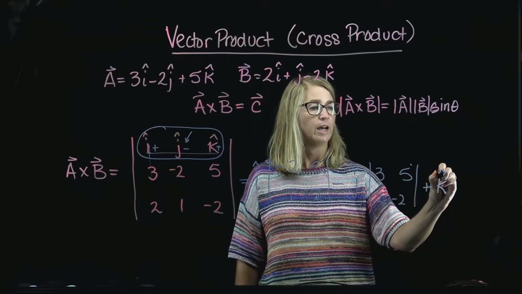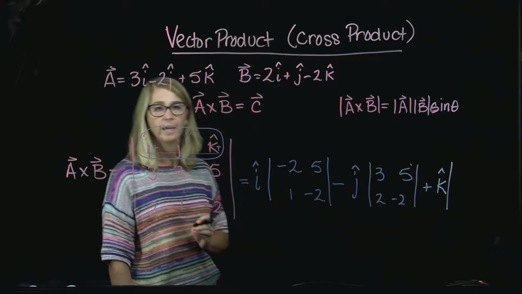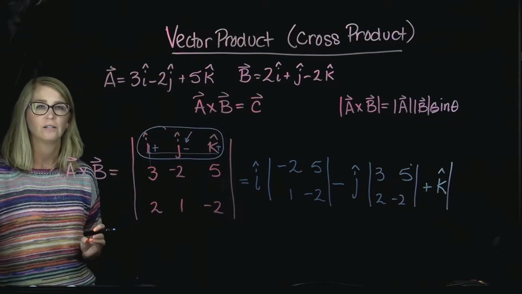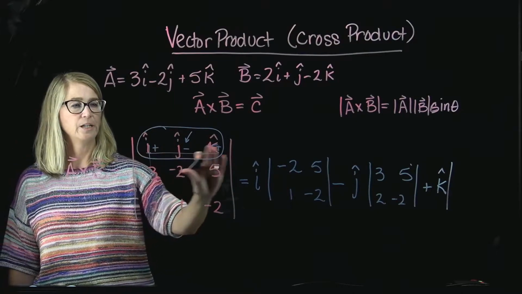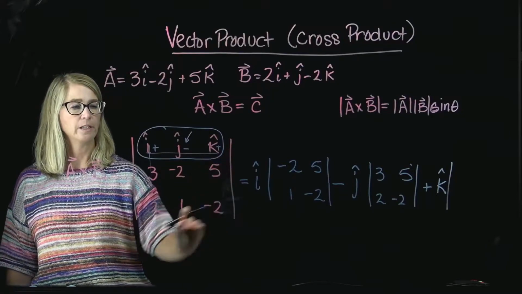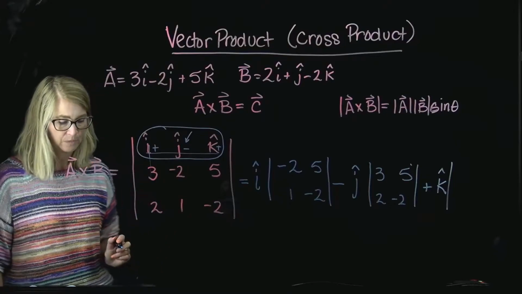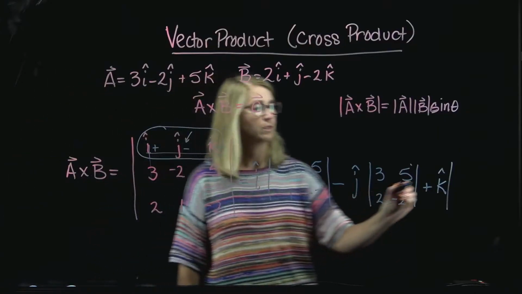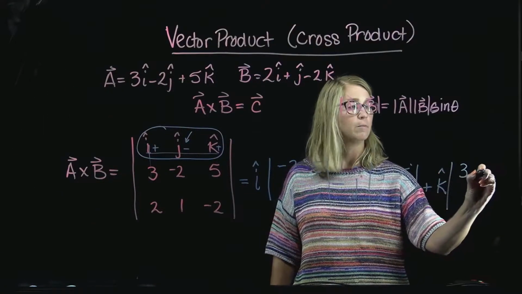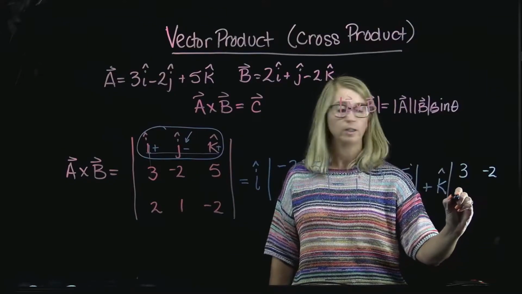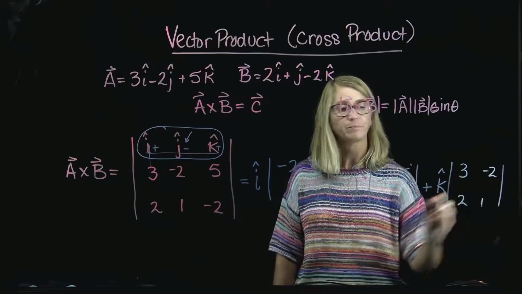And finally we have the K, and for that 2 by 2 matrix, again, eliminate the row and column that K is in. That leaves these 4 numbers. So I have 3, -2, and 2 and 1.